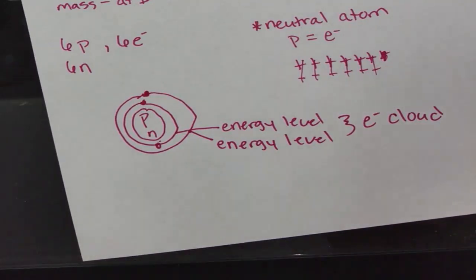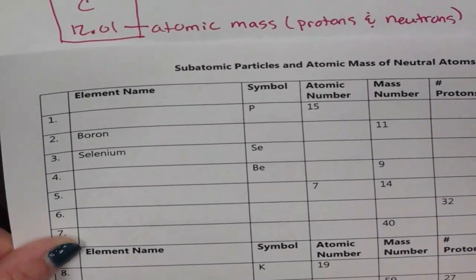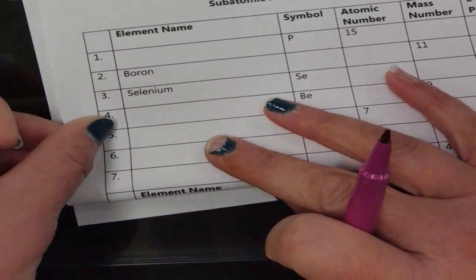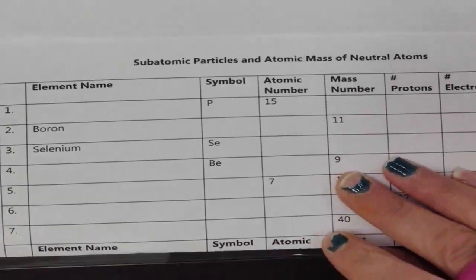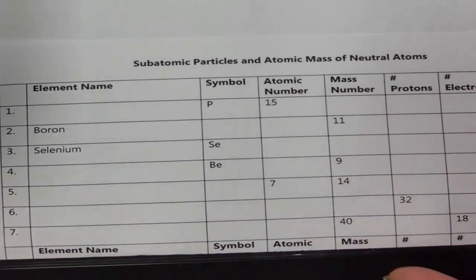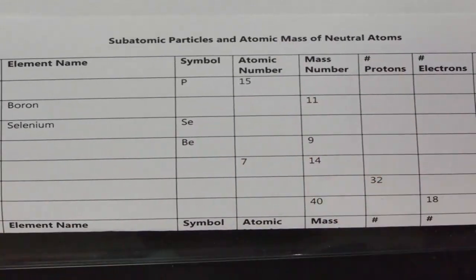Now this brings us into our worksheet, our subatomic particles worksheet. And let me just fold that over so that we only have the information that we need for our notes. All right, so what are we going to do here? We are going to use the information in the chart.